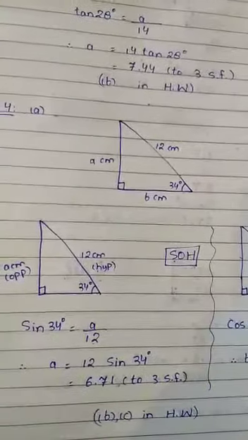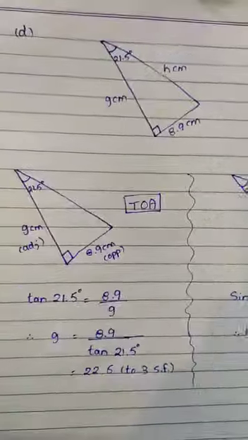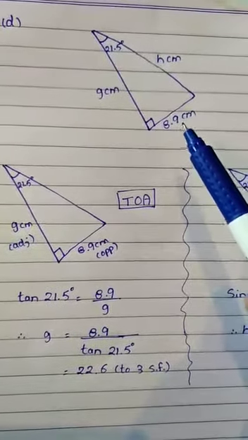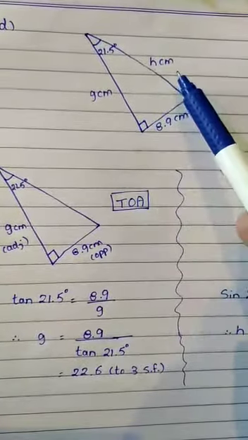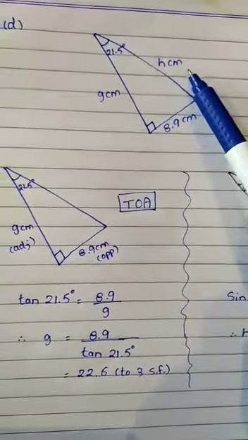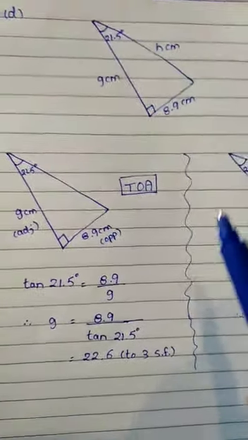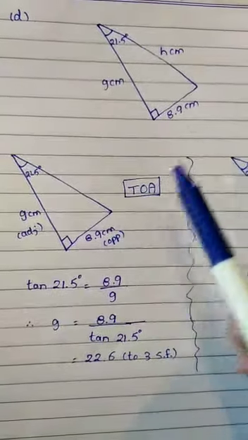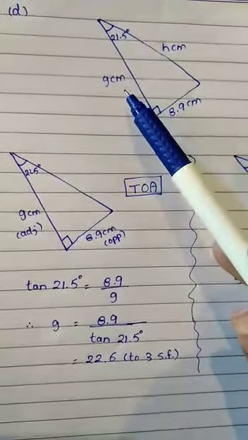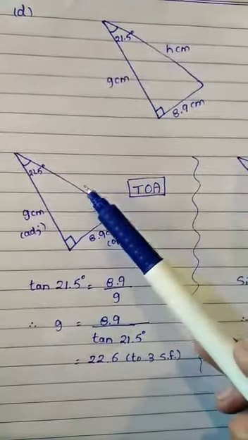So this is question number 4 part A. Now look at the figure of question number 4 part D. This is the figure, in which G centimeter and H centimeter, these two sides are unknown. Again, as you solved part A, similarly you will solve part D. First, you will consider only G centimeter, so you will omit the H side.